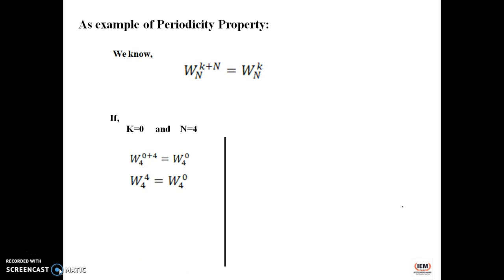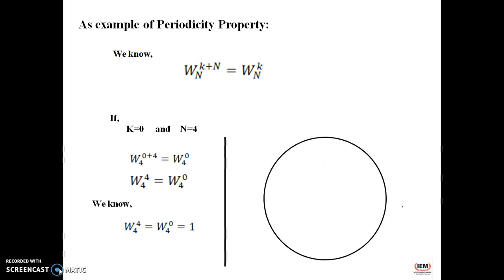So that means W44 equals W04. We already know the W44 value is 1 and the W04 value is also 1. So it proves that, as per the periodicity property, the W44 value is similar to W04. So as per the formula, W K plus N N equals W K N.